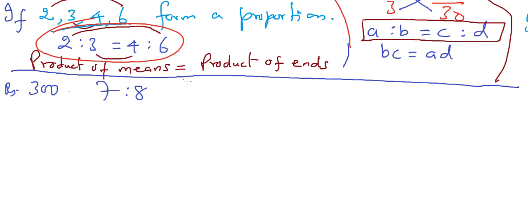Suppose we divide 300 rupees between 2 persons A and B in the ratio of 7 is to 8. A got 140 rupees, B got 160 rupees.